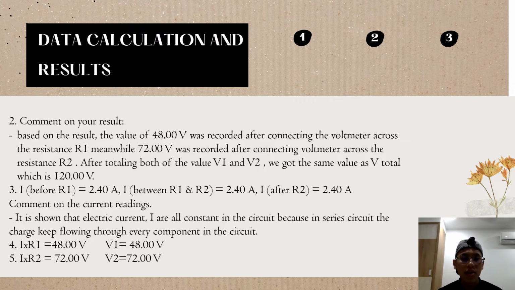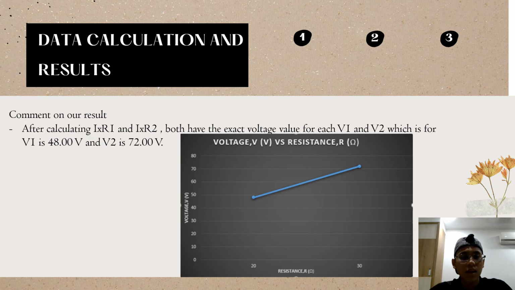It is shown that electric current I is constant in the circuit because in series circuit, the charge keeps flowing through every component in the circuit. After calculating I multiply R1 and I multiply R2, both have the exact voltage value for each V1 and V2, which is V1 is 48 volt and V2 is 72 volt. And here is the graph for part 2.